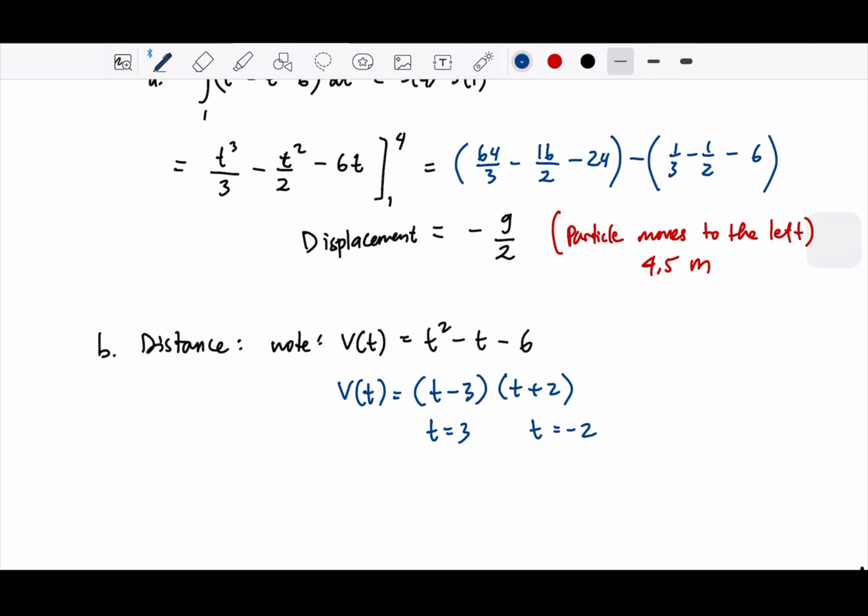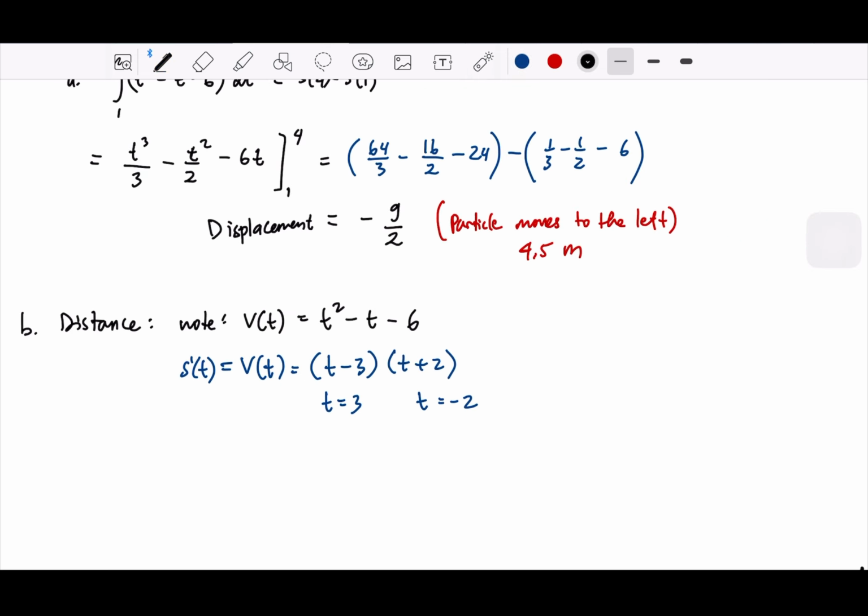If we imagine that the velocity is the first derivative s prime of t, then like the extreme value theorem for finding local max and min, we can do the same thing here. Positive for t less than negative 2, negative between negative 2 and 3, and positive greater than 3.